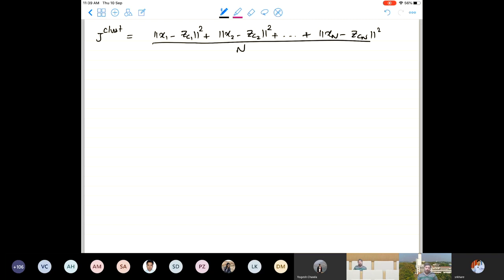And now what will you want? Now what you want is this C1, C2, Cn assignment to be done in such a way, and to find these representatives ZC1, ZC2 up to ZCn in such a way that this cluster objective is as small as possible. So once again, look at it. This cluster objective J cluster is a sum of squares.